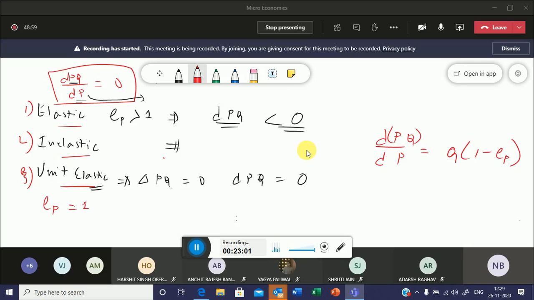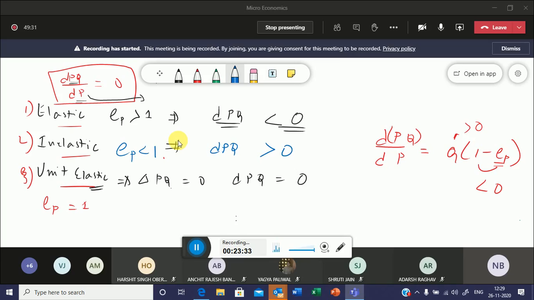So if this is greater than 1, that means this becomes negative. Q is always positive. So positive times negative is negative, so the change in total revenue will be negative. And if this is inelastic, which means dpq will be positive.